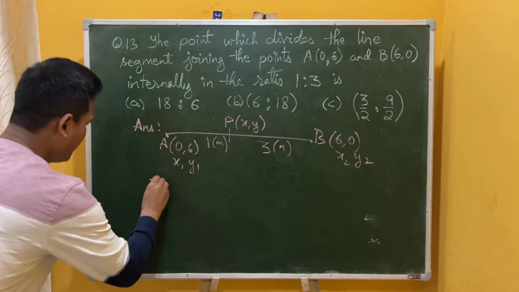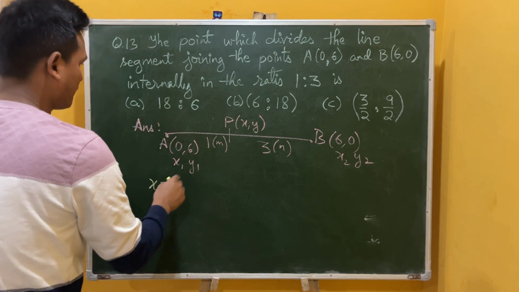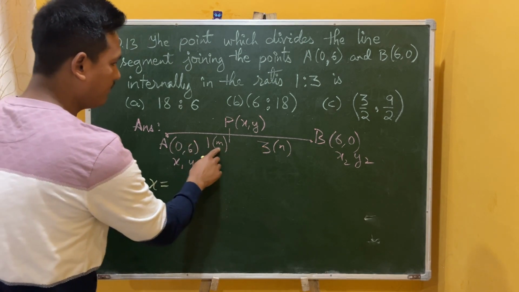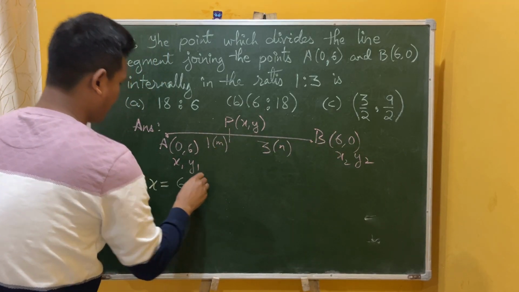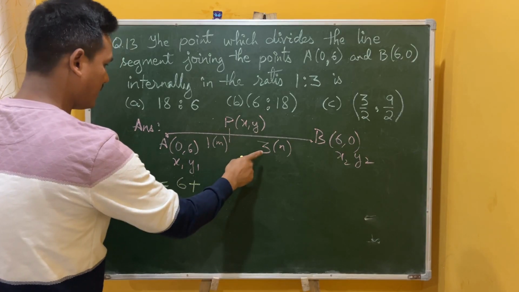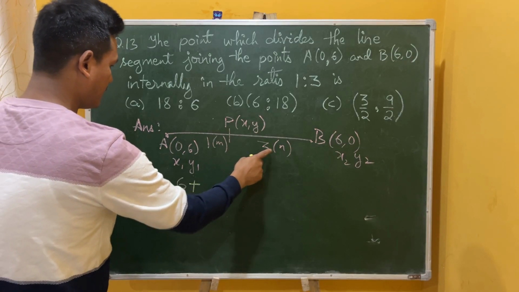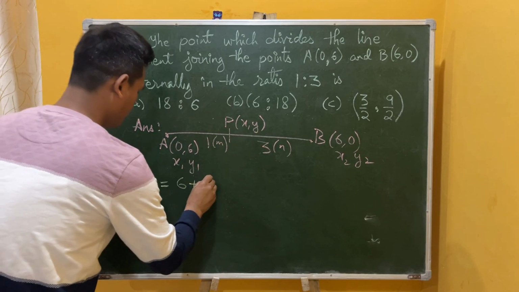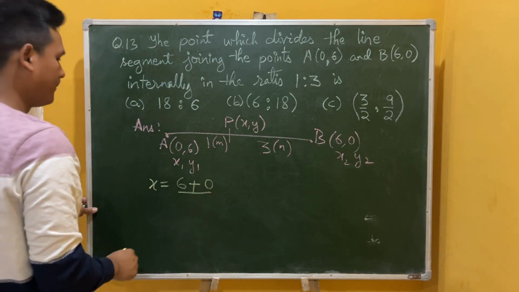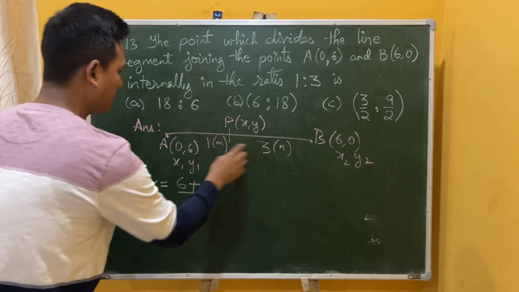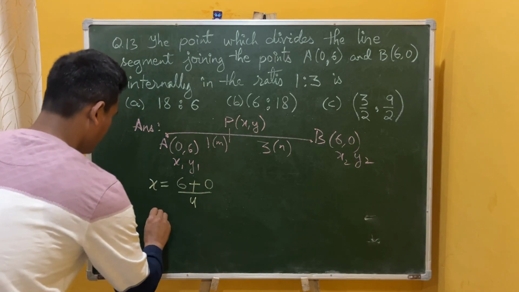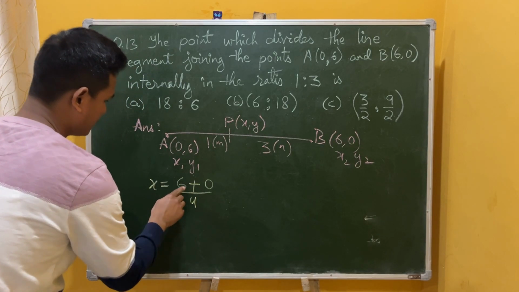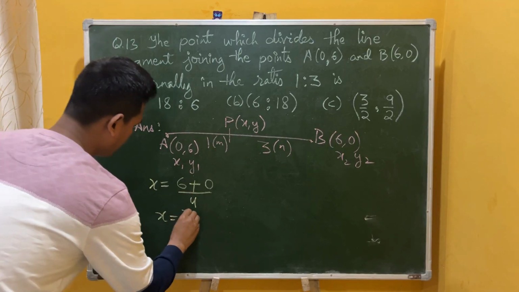So x is given by m x2 plus n x1. So 1 into 6 is 6, plus n is 3 into 0, by m plus n, 1 plus 3 is 4. So x is 6 by 4, it is 3 by 2.